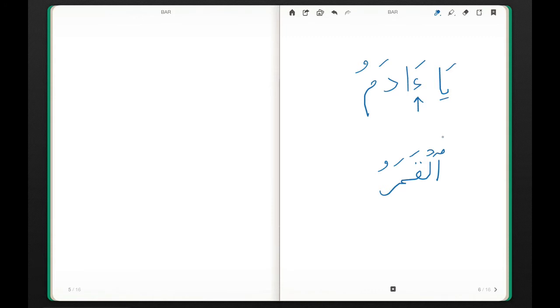We're going to have to learn rules to know what haraka to put on Hamzatul Waṣl, because it never has a haraka written on it to tell you how to say it, whether to say al, il, or ul. But again, I'll teach you some rules that will help you to determine that. Right now, just know, I'm going to go ahead and write a fatha here just so that we can know how to pronounce it. This word is now al-qamaru.